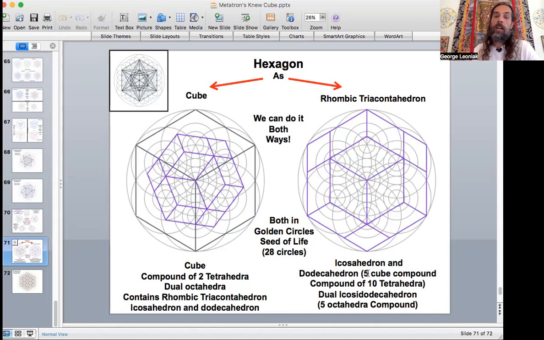And that includes all of this. It includes the icosahedron, dodecahedron. It includes the 5 compounds cube, which is the dodecahedron, 10 tetrahedra compound, the Icosidodecahedron, which is the 5 octahedra compound. It just is carrying more information, really, at this point, as an expansion, but they're both drawn with the same template, and they have quite a different feel.